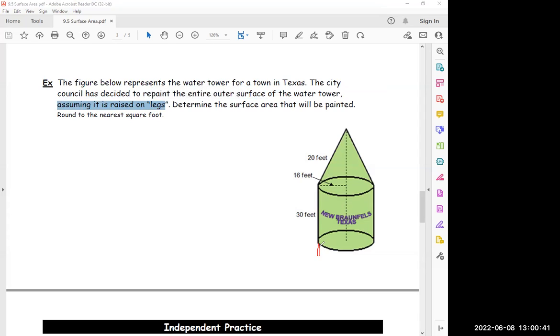In other words, if it's raised on legs, you are able to include the floor, the outer floor, okay? Determine the surface area that will be painted, rounded to the nearest square foot.